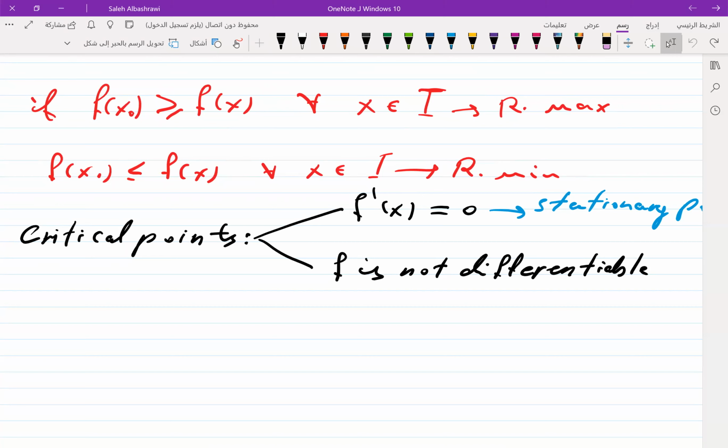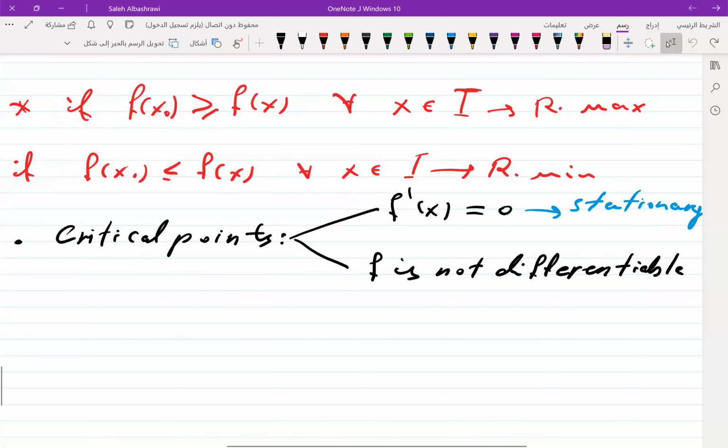Now we are going to test these critical points, to determine whether they are a relative minimum or a relative maximum. To find the type of the extremum, we have to test. The first one is called the first derivative test.